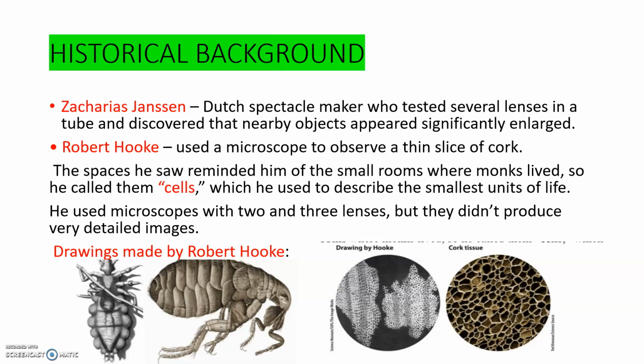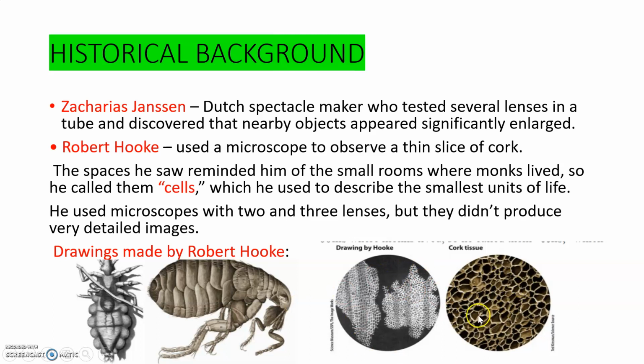Then the third person was Robert Hooke in 1665. He was an English physicist and he looked at a sliver of cork through a microscope lens and noticed some pores or cells. Robert Hooke used a microscope to observe a thin slice of cork.